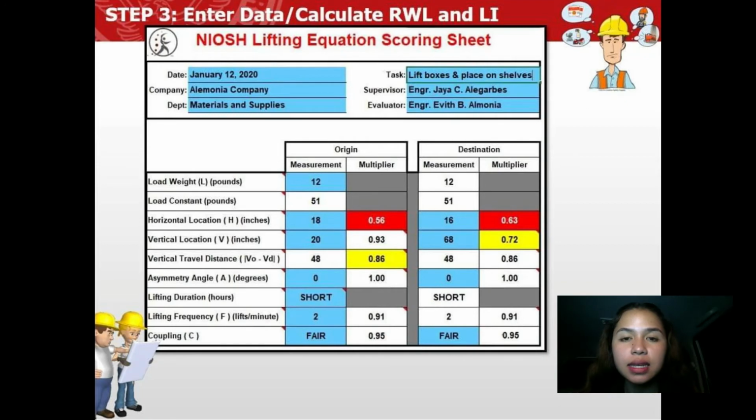Vertical travel distance is the same as the origin, which is 48 inches in measurement and 0.86 in multiplier. Asymmetry angle is the same as well, 0 degrees, which is also equivalent to 1.00. Lifting duration is short, same as the origin. Lifting frequency is 2, which is equivalent to 0.91, and coupling is defined as fair, which is equivalent to 0.95, same as the origin.